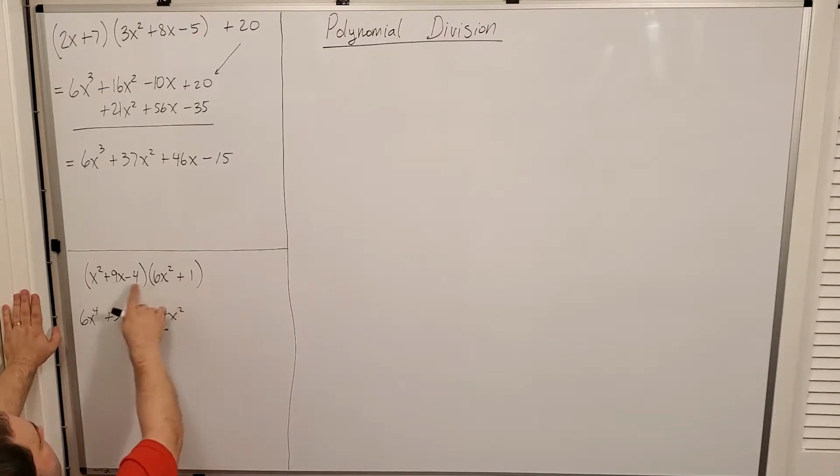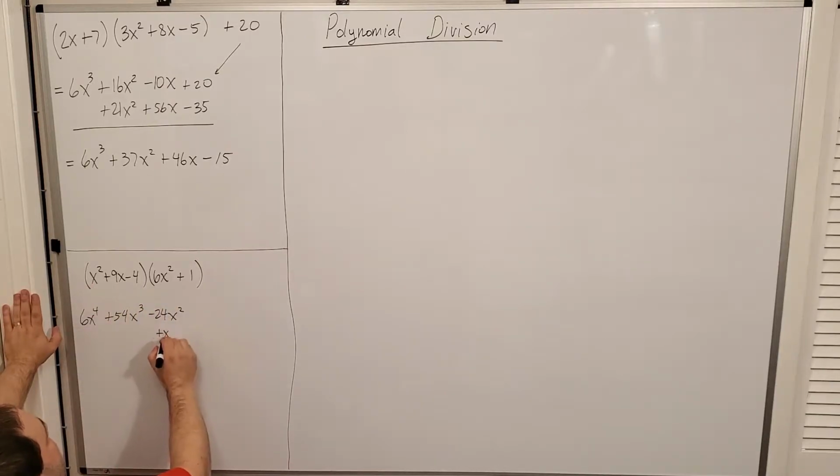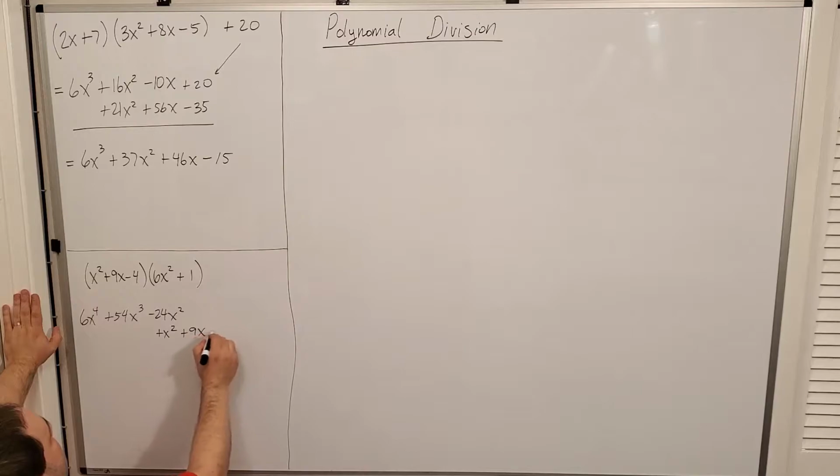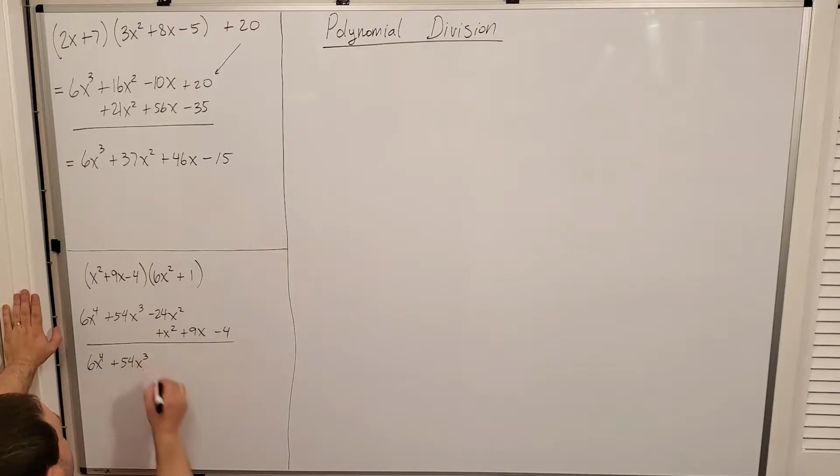And then 1 gets distributed here, so 1 times everything just gives me plus x squared plus 9x minus 4. I'm going to add all that up, and it'll give me 6x to the fourth plus 54x cubed minus 23x squared plus 9x minus 4.